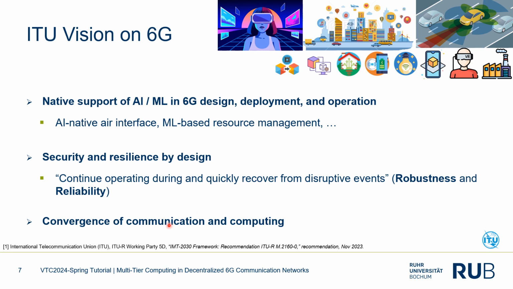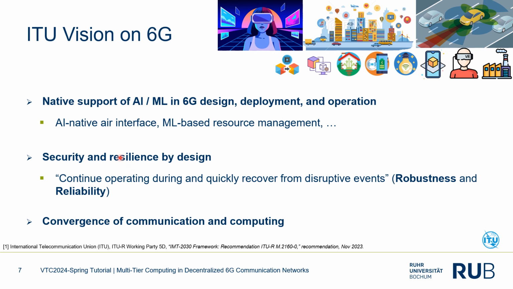So 6G would then serve as an AI-enabling infrastructure which is capable of providing services for intelligent applications. And an AI-enabled interface along with distributed computing and intelligence would potentially allow for end-to-end AI applicability and the convergence of computing and communication.